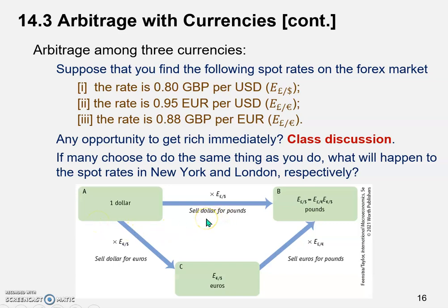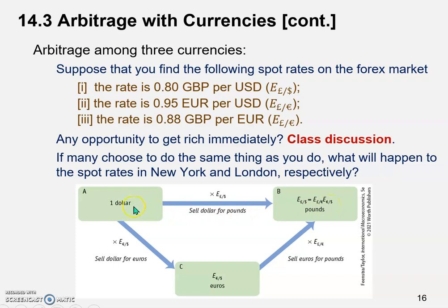And here we use once again a flow chart to show you this. If you get, for example, $1 here in box A, what you can do is sell dollars for pounds, so you go from A to B directly.